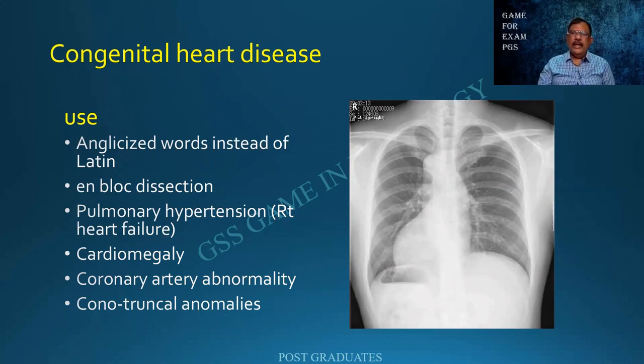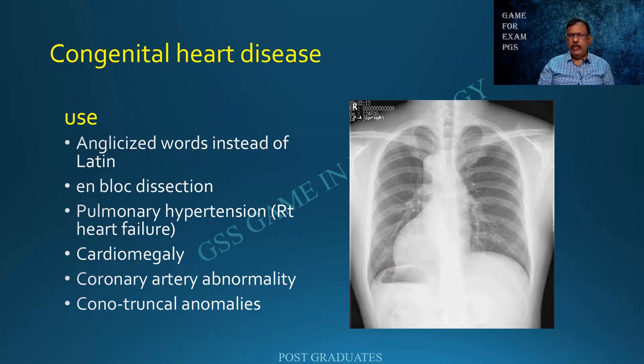Normally we get Latin words and Greek words, but there is a nomenclature in which we should use the English words or the anglicized words. There should be an en bloc dissection when you are suspecting a cardiac or a cardiovascular or a cardiopulmonary pathology. If it is going to be a pulmonary hypertension and death, that can be symptoms of right heart failure.